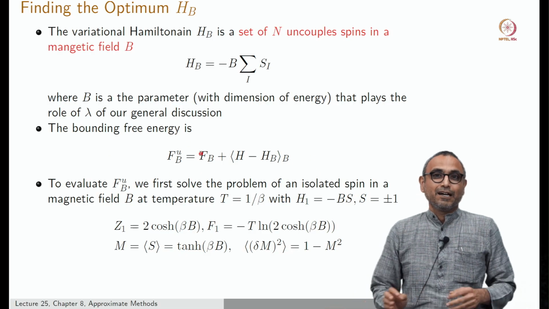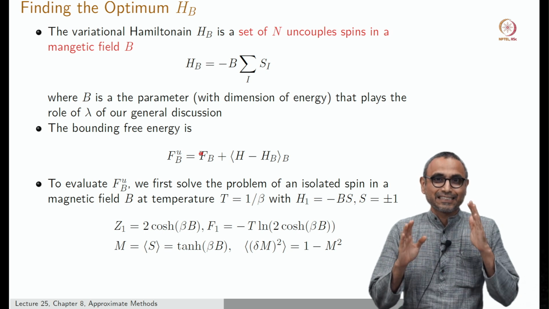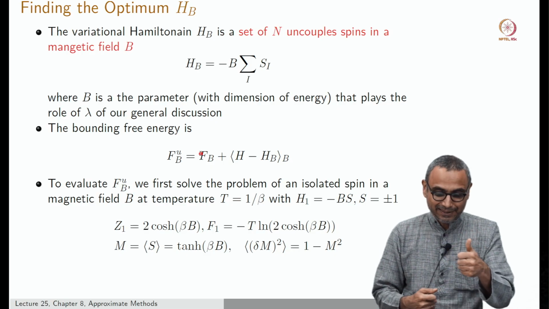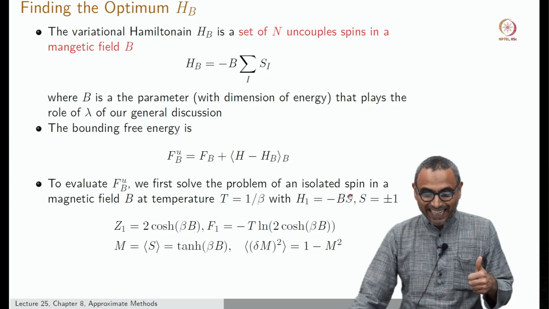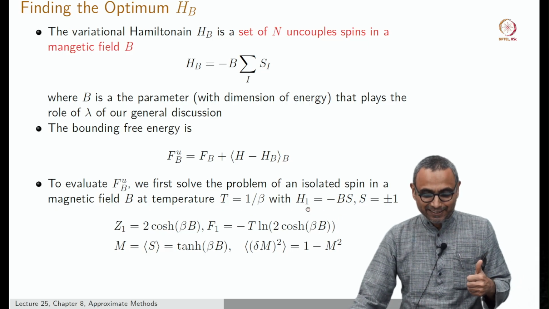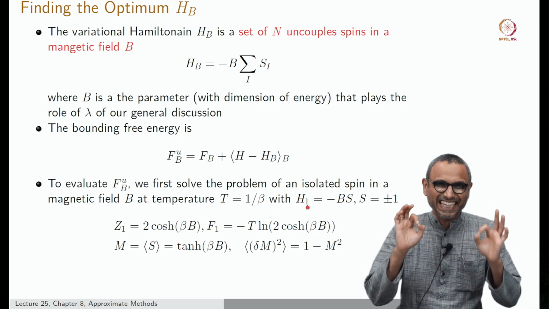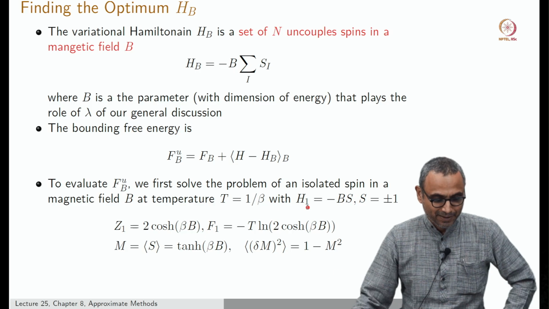For this, all I need is the solution of the problem of a single classical spin with values plus and minus 1 in an external magnetic field. So this is why it's called H_1. That means that it's a Hamiltonian of a single spin in a magnetic field. This is all we need.